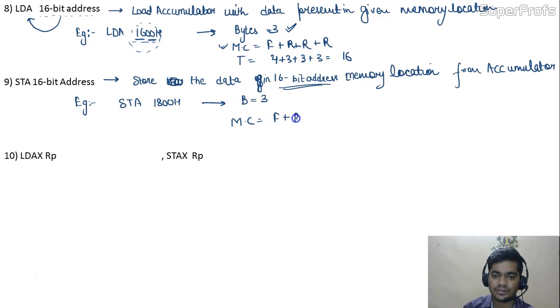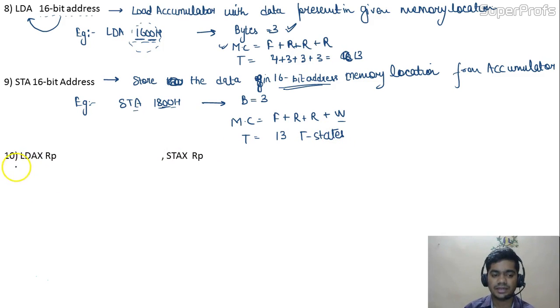Next, 2 read operations are necessary to read this address, and the last operation would be the write operation, because we are transferring the data from accumulator to the memory. So the last operation would be a memory write operation, and the total T states would be 13.